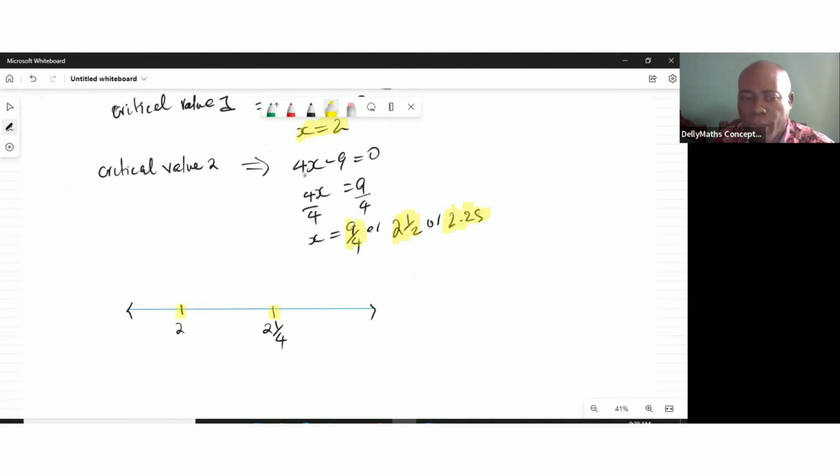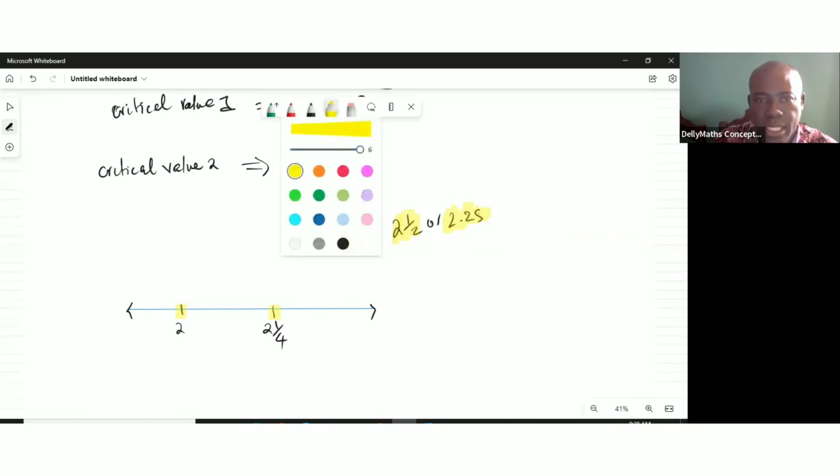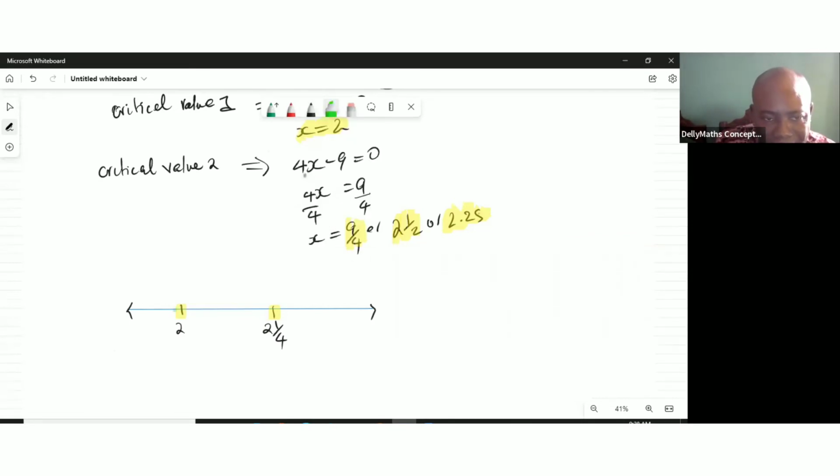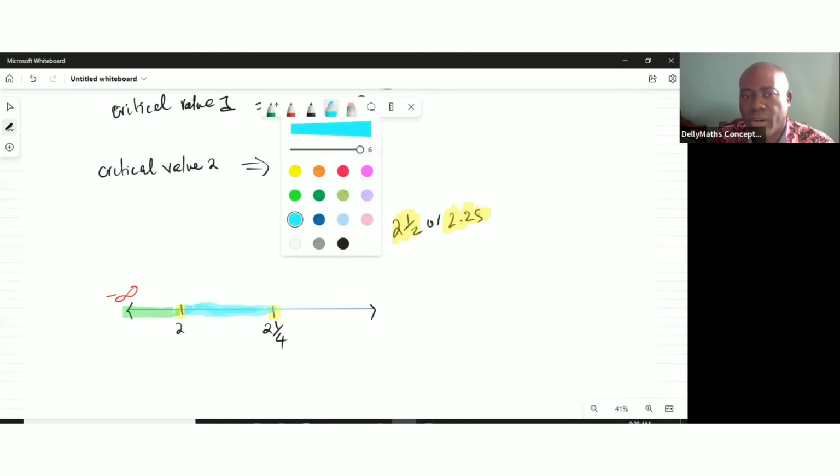What we want to do is test between these. What do I mean? I need to find a value less than 2 going to negative infinity. Then I will be testing between positive 2 and positive 2 1/4, to see what number, if I substituted it there, would have made the function less than 0.